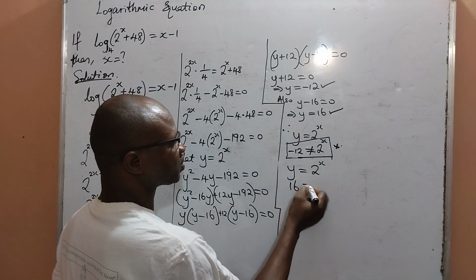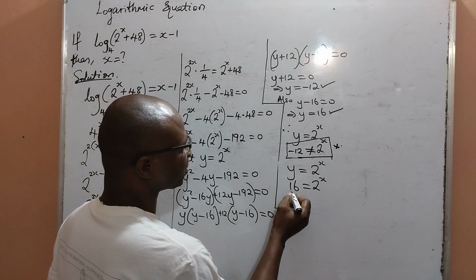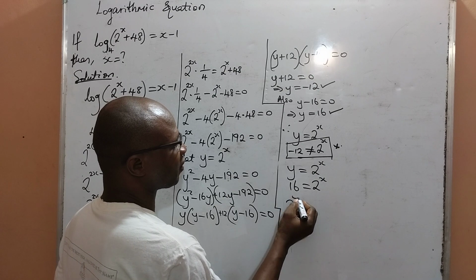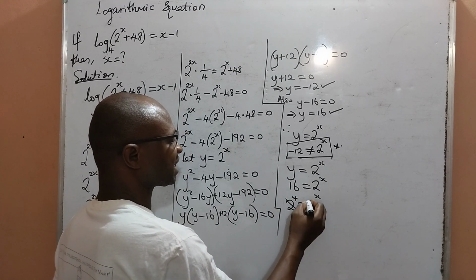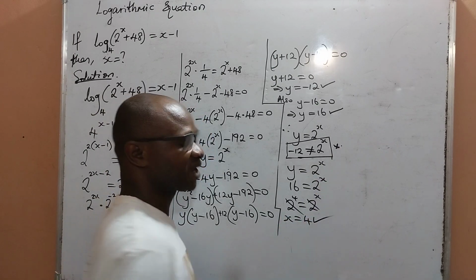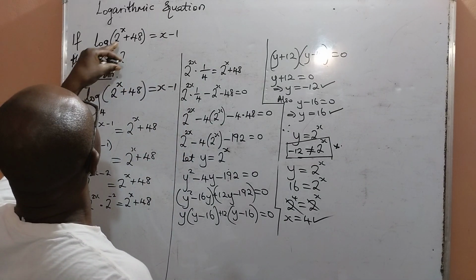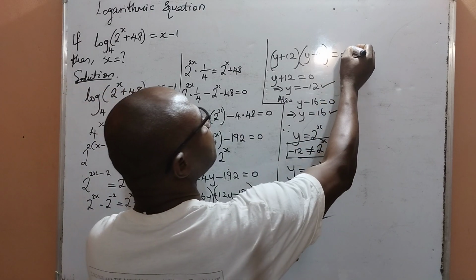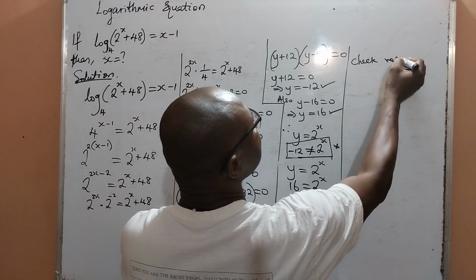So y equal to 16 is 2 raised to the power x. Therefore, 16 can be written as 2 raised to the power 4, which is equal to 2 raised to the power x. The bases can now cancel, giving me x equal to 4. This works very perfectly. Therefore, we can now say that the value of x in the given equation is equal to 4. To authenticate our answer, we want to check the result.